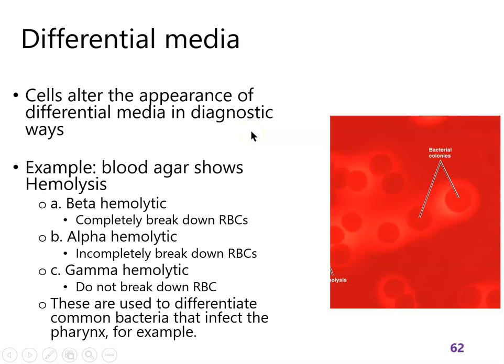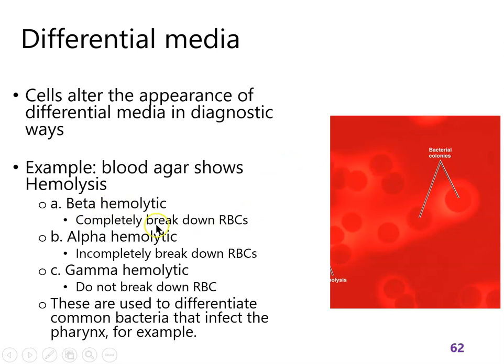We also have differential media, and these will do things like change color if certain bacteria grow on them. So an example would be blood agar, and different bacteria from the Streptococcus genus and others that grow in the pharynx, they will treat the blood. It's usually sheep blood. They'll react with the blood cells differently.